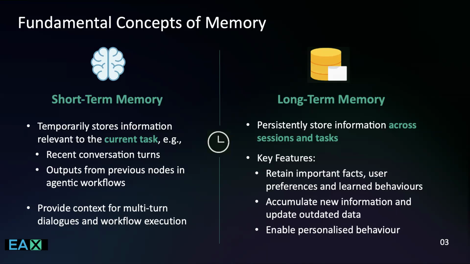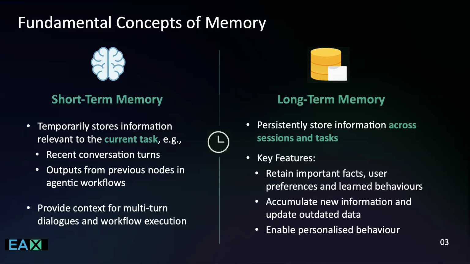There are some key features for this long-term memory. First, it can retain some important facts, user preferences, and learned behaviors. This information is proven to be successful in the previous task, and once you have these important facts in the long-term memory, you can use them to enhance the performance in the next task.